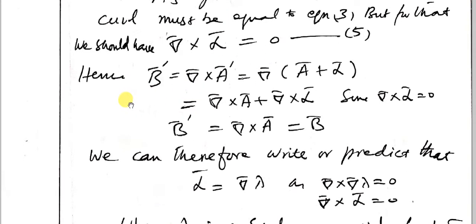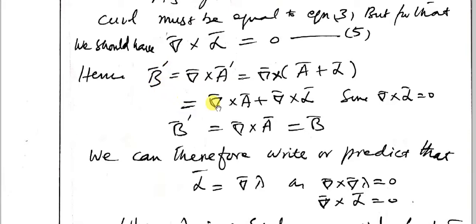Hence B prime is equal to curl of A prime, which is curl of A plus alpha. This is the new potential we have added, a change from A by some new term, so that the original B is not affected. We suppose that is the new field B prime, and we have to show that it equals the old one.